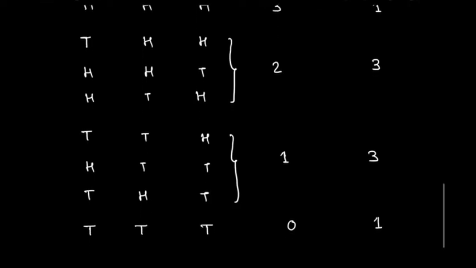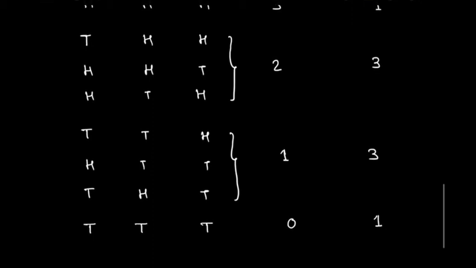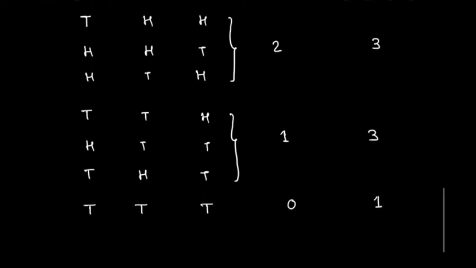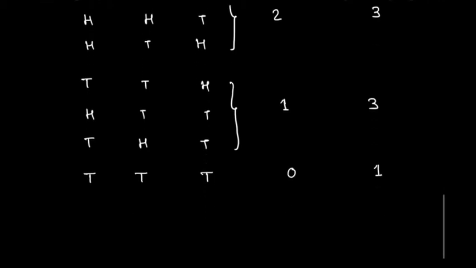Now what it shows here: the macrostates with 0 or 3 heads have only one possible microstate, and the macrostates with 1 or 2 heads have 3 possible microstates. Now this is one example to distinguish between the micro and macrostate.